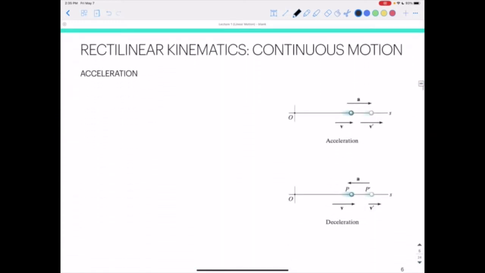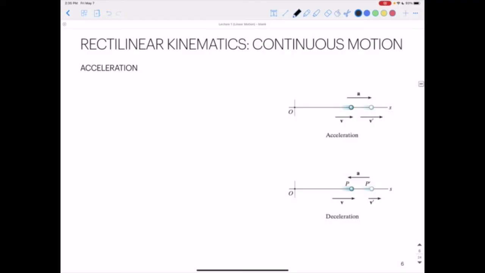Next, we have acceleration. So much like velocity was the rate of change of position with respect to time, acceleration is the rate of change of velocity with respect to time.